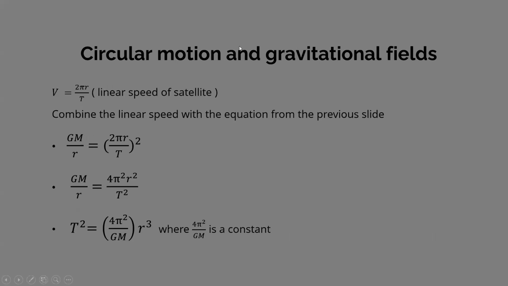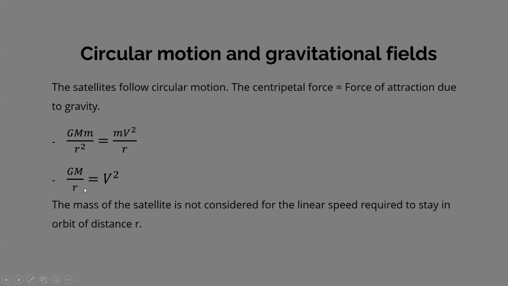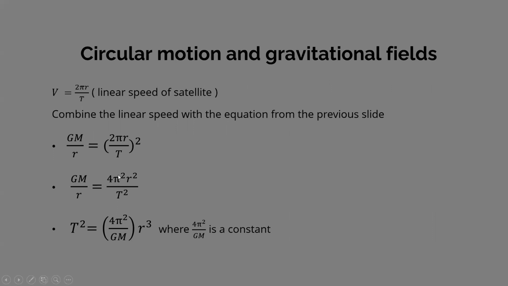Using further equations from circular motion, linear speed equals 2πr over T, where T is the period of revolution. Combine the linear speed with the equation from the previous slide, and you get 4π² r² over T². Rearranging the formula, you get T² equals 4π² over GM multiplied by r³. 4π² over GM is a constant because the mass of the Earth doesn't change, G is a gravitational constant, and pi is a constant too.